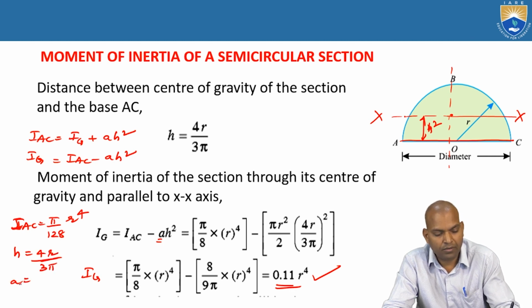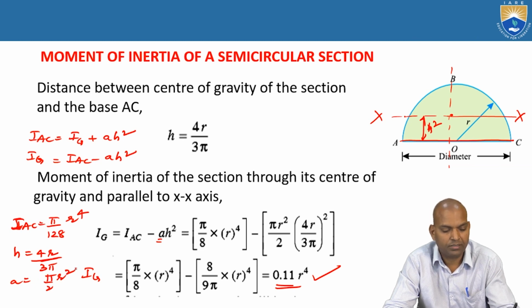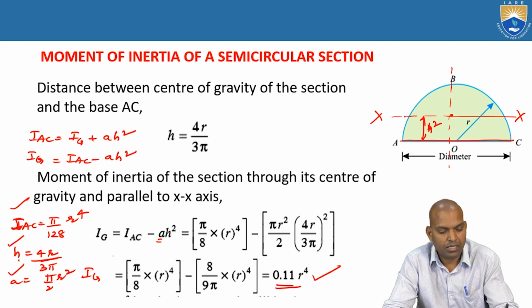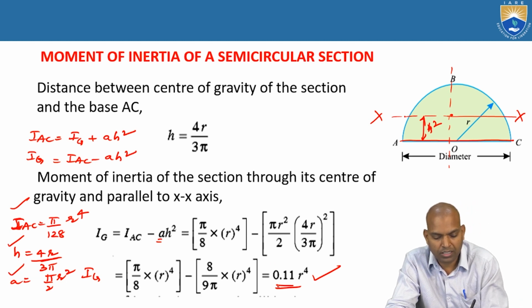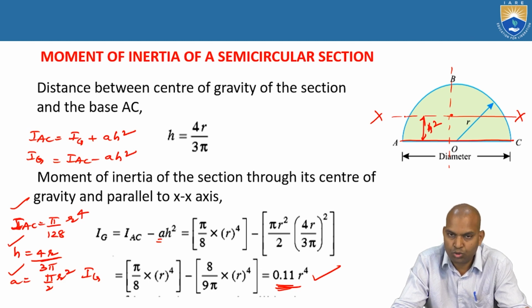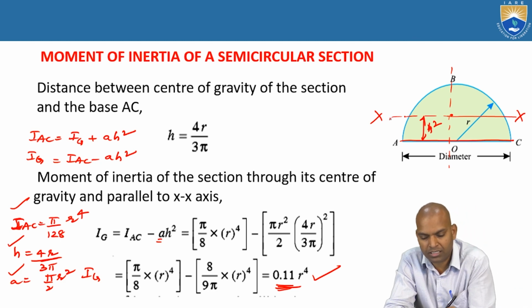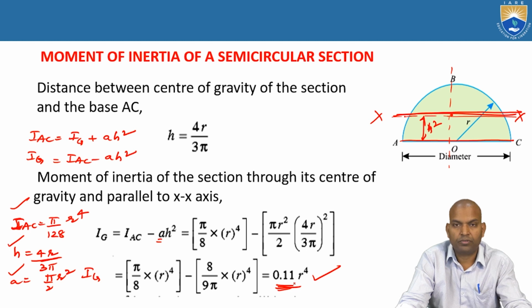The area is half of pi r square, that is pi by 2 r square. That is I_AC plus A h squared. Now I_G is what we got: the moment of inertia through the center of gravity and parallel to the x axis, I_XX, is 0.11 r power 4.